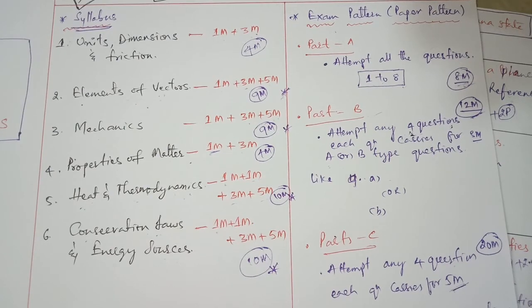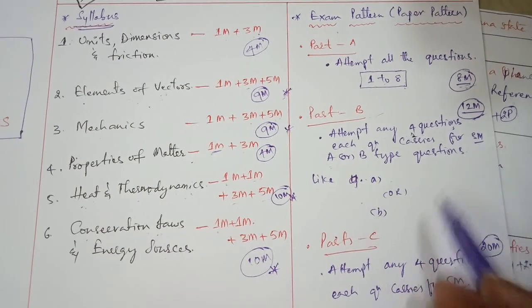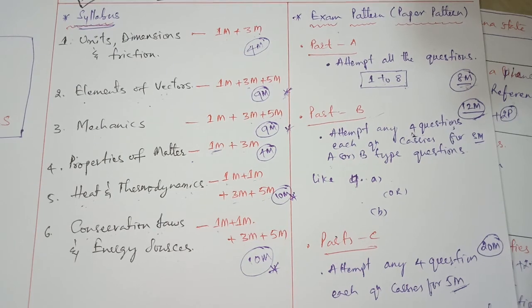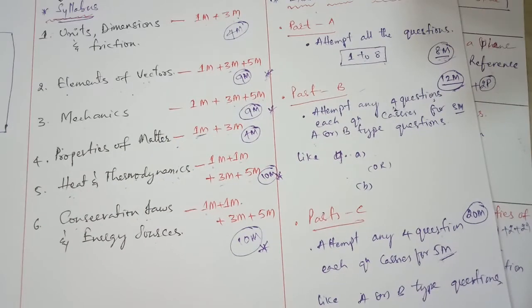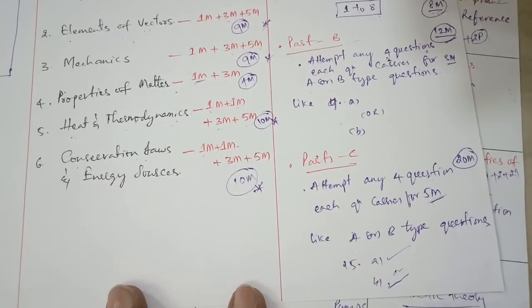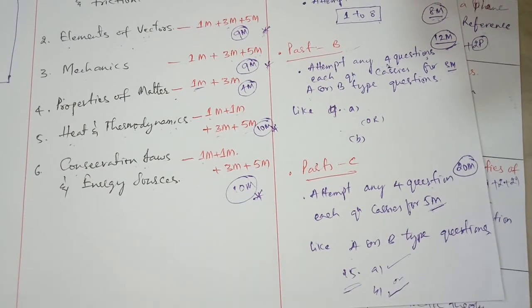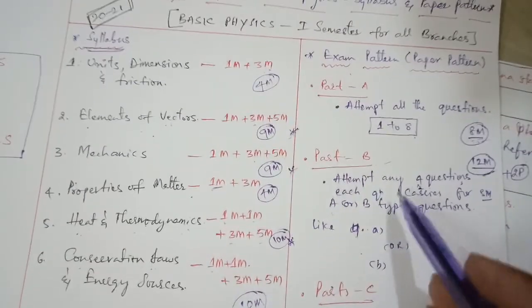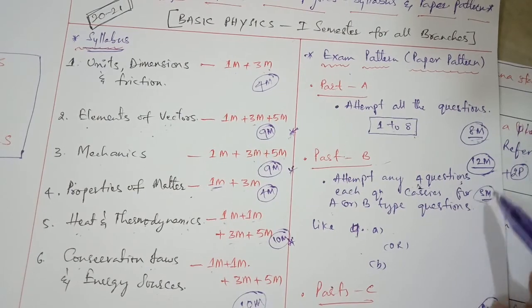For example, 9, 10, 11, 12, 13, and this is 15A and 15B. Either we need to attempt 15A or 15B. Like that the question paper pattern will be. Each question carries 5 marks in part C. In part B, each question carries 3 marks, total 12 marks.